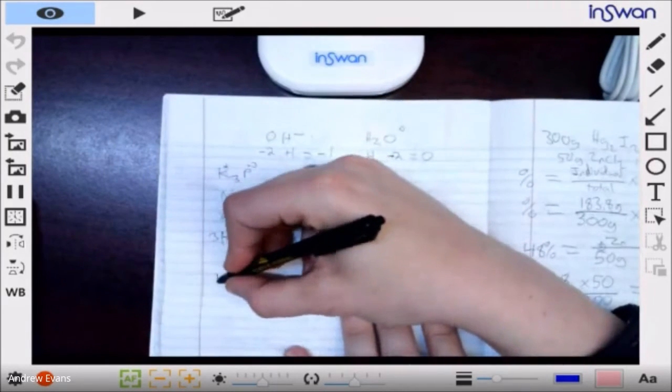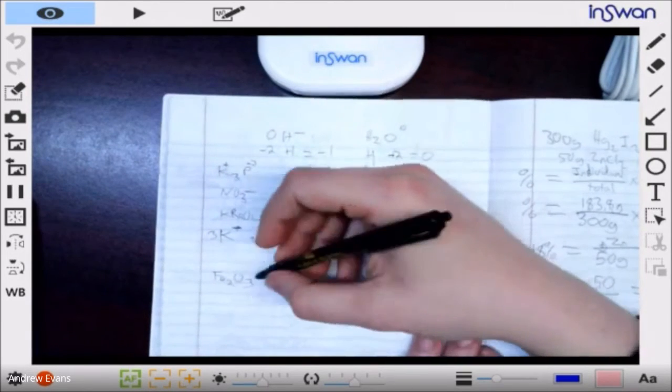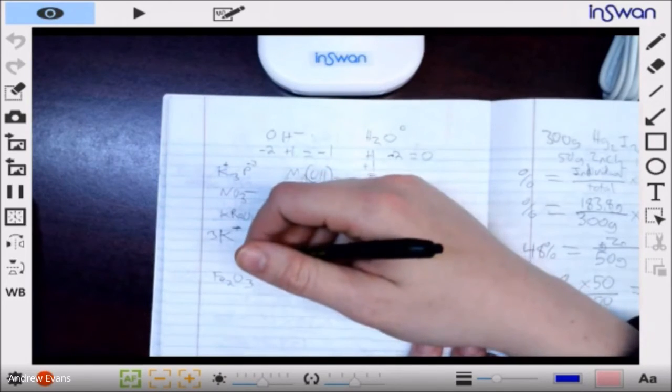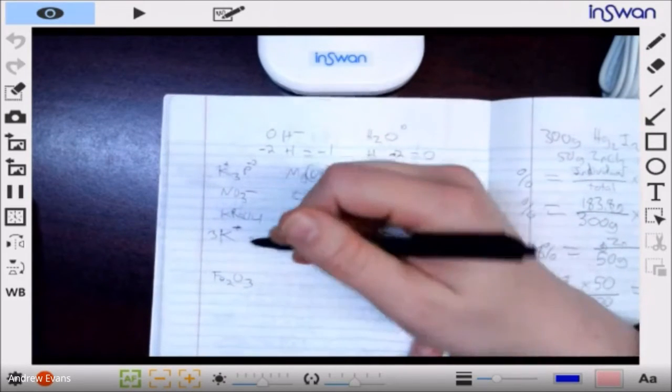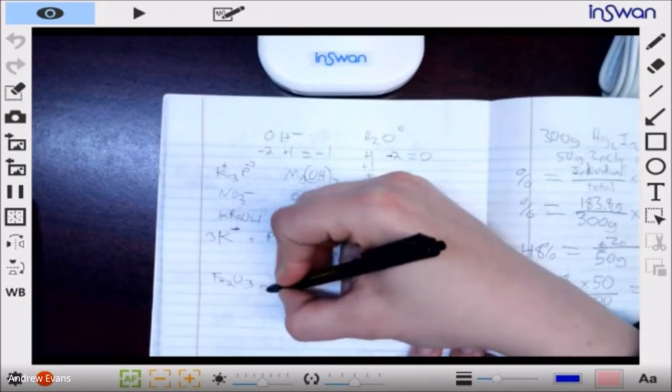Here's the first one that's maybe really kind of hard. Fe2O3. We don't have a rule about iron. We have to find iron from context. But we have a rule about oxygen. Oxygen is 2-.